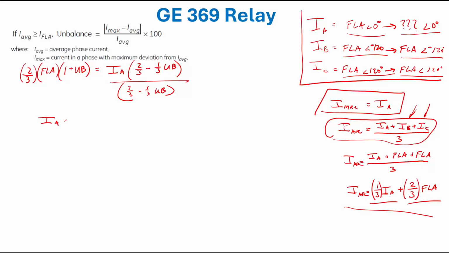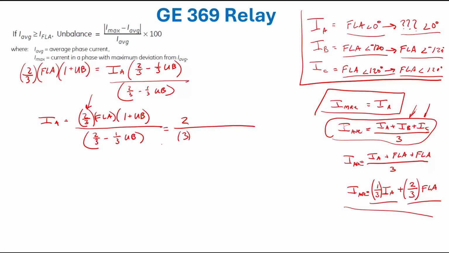So IA equals 2/3 FLA, 1 plus UB, divided by 2/3 minus 1/3 UB in parentheses. So now let's just simplify this a little bit. We'll have FLA on the top, and also 1 plus UB.